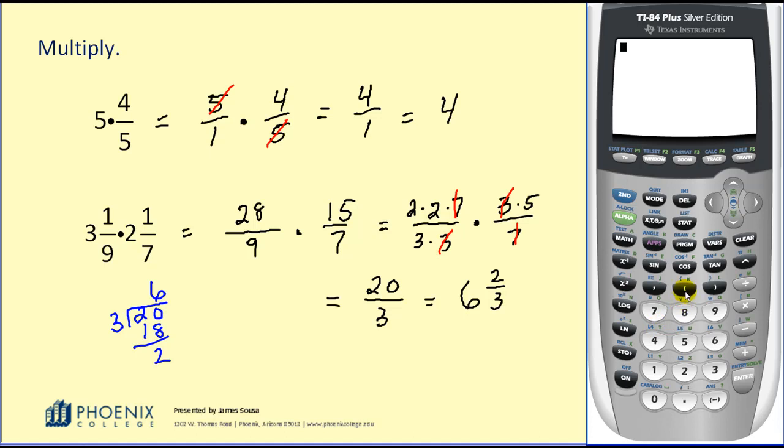Well, the first thing I'm going to do is I'm going to put my 7/8 in a set of parentheses, multiply that by 2/3, in parentheses. Now when I hit enter, it's going to give me the decimal answer. In order to convert that decimal back to a fraction, if I hit the math key and then hit enter, that will tell me my product in fraction form. In this case, this would be 7/12.